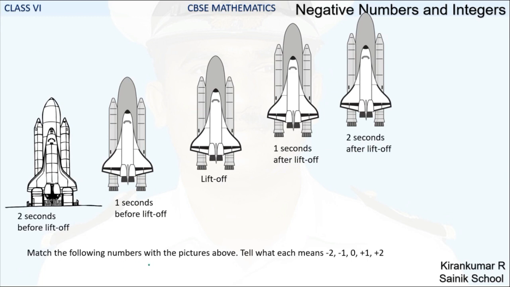We need to match the following numbers with the pictures which are given here and tell what each means. -2. -2 refers to 2 seconds before liftoff. It is the first figure.